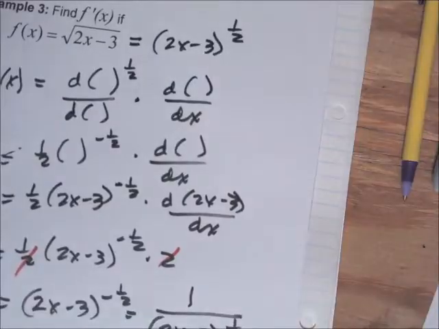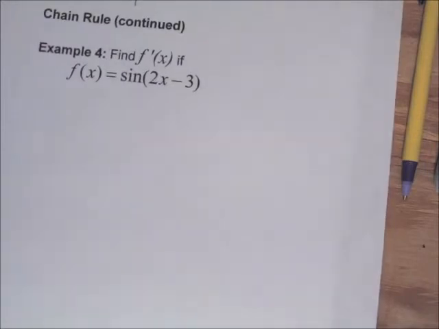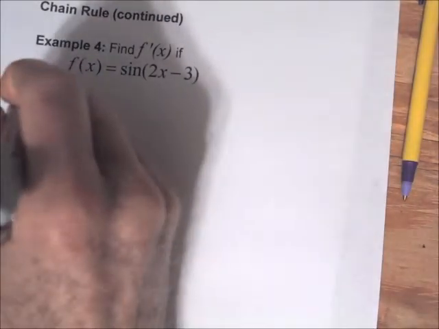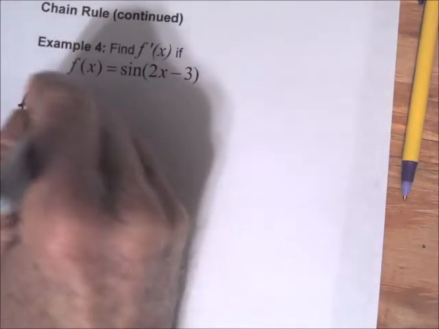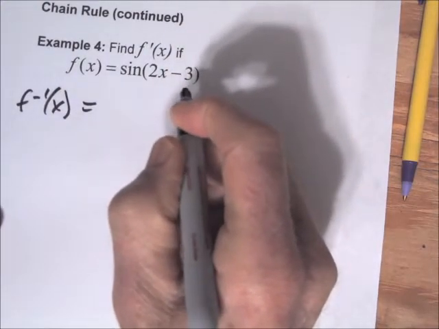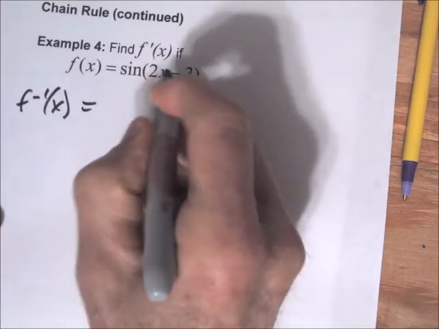Okay, so that's another example of the use of the chain rule. Here's another one. f of x is sine of 2x minus 3. So we want f prime of x. Here the outside function is sine, and the inside function is 2x minus 3.